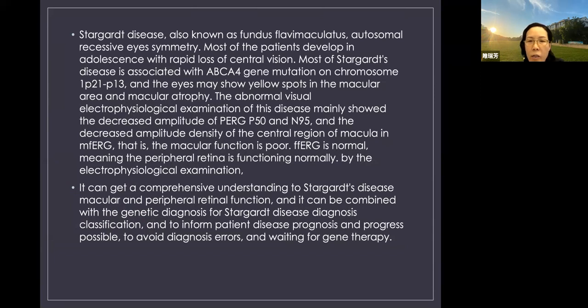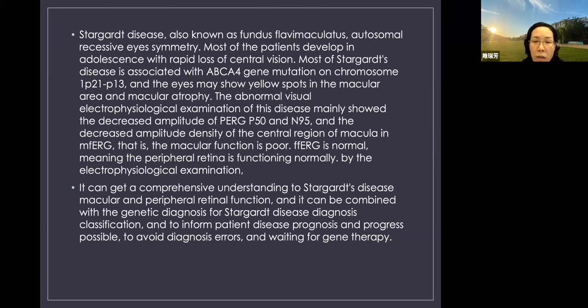But in the late stage, in some patients, different genetic mutations in the same ABCA4 gene can cause a severe phenotype or a mild phenotype. So when we have a patient with Stargardt disease, we need to follow them, and we need to use functional evaluation to know which stage they are in.